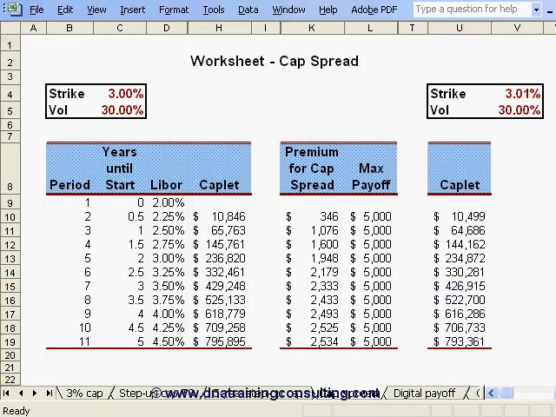My payoff at maturity is the most interesting feature of this combination.